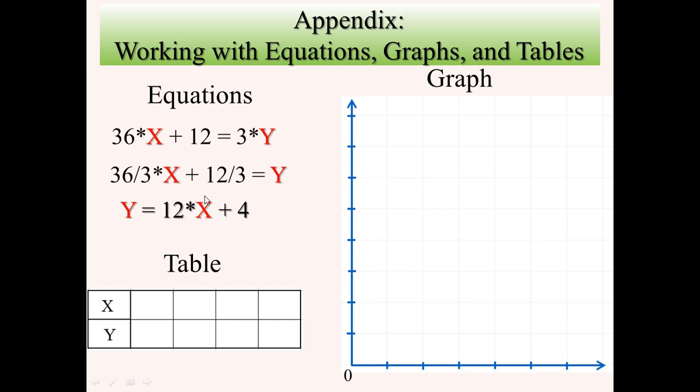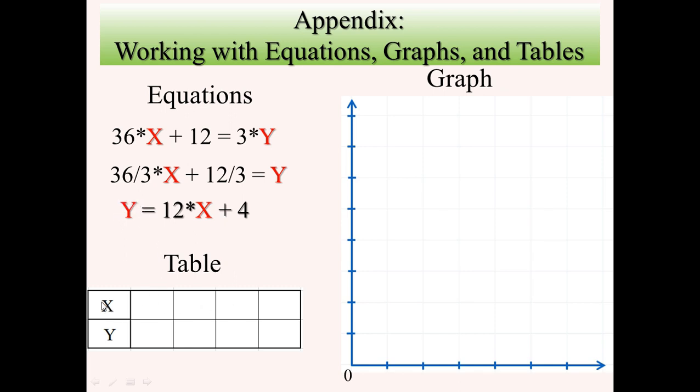You need to give a value of IV and then calculate for DV, y. Okay, so in order to make a table from the equation, first you give values of IV x and then calculate this to get the values of DV y.